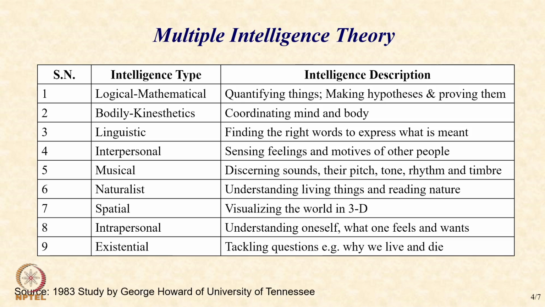Now, it is not to say that these are the only types of intelligence. There could be a few more which have not been researched or identified, but broadly, in the human endeavor and the kind of societal activities that we currently look at, these 9 types of intelligence would essentially be visible in the behavior that we would see in different scenarios.